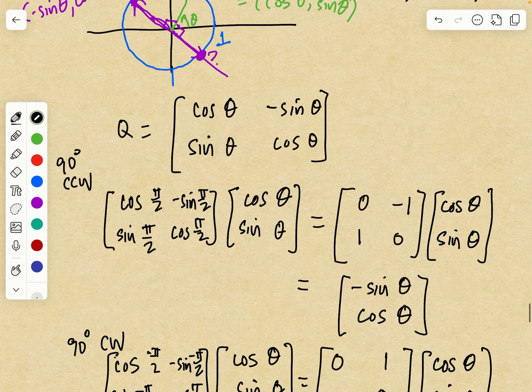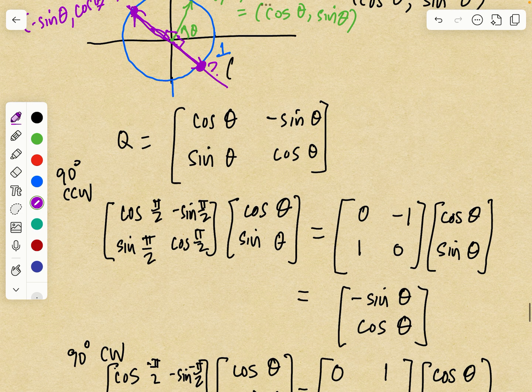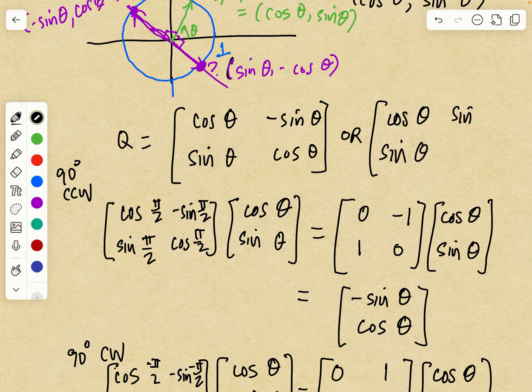So this last point is sine theta, negative cosine theta. So Q must be either the first matrix I wrote, or it must be cosine theta, sine theta, negative cosine theta.